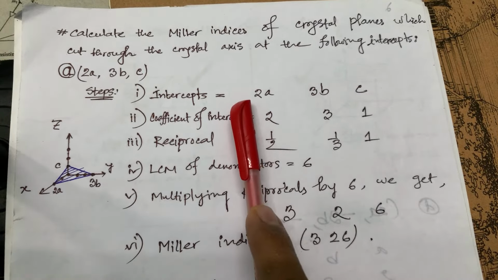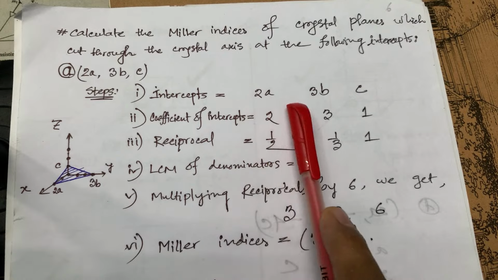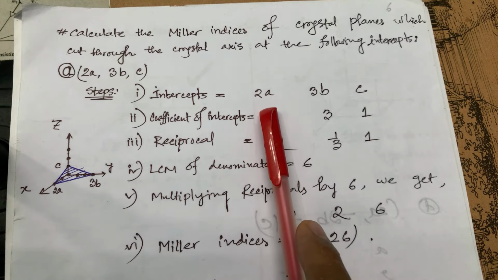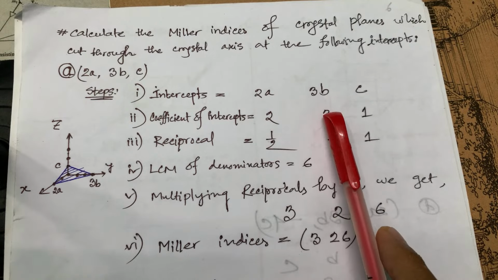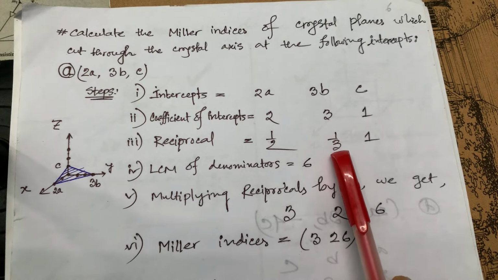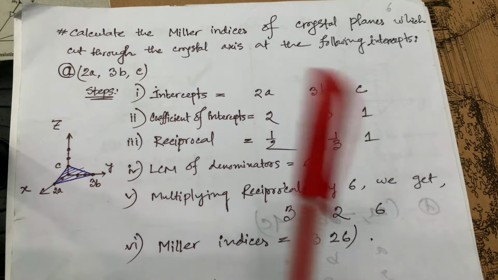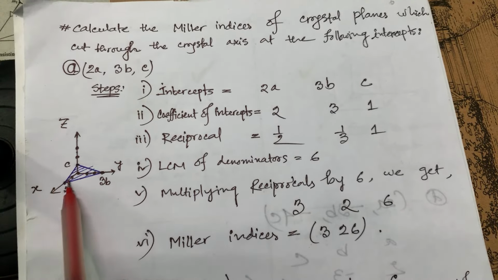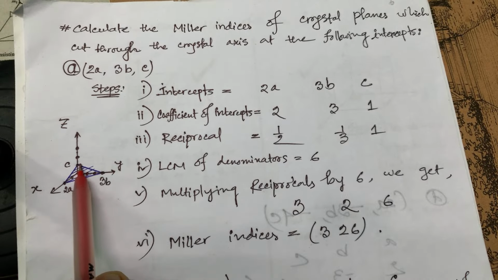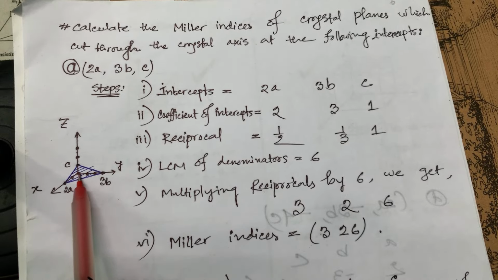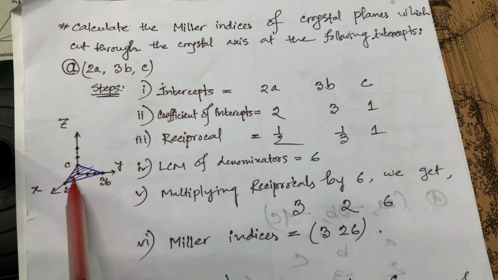It means that our plane cuts the x-axis at a point 2a, the y-axis at a point 3b, and the z-axis at a point c. You can see in the drawing that this is a, this is b, this is c, right?